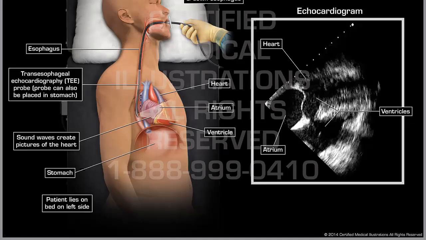The heart is examined from different angles when you use this transesophageal echocardiogram. So it is very important, as an RN or LPN, to know what the pre-procedure and post-procedure care are.